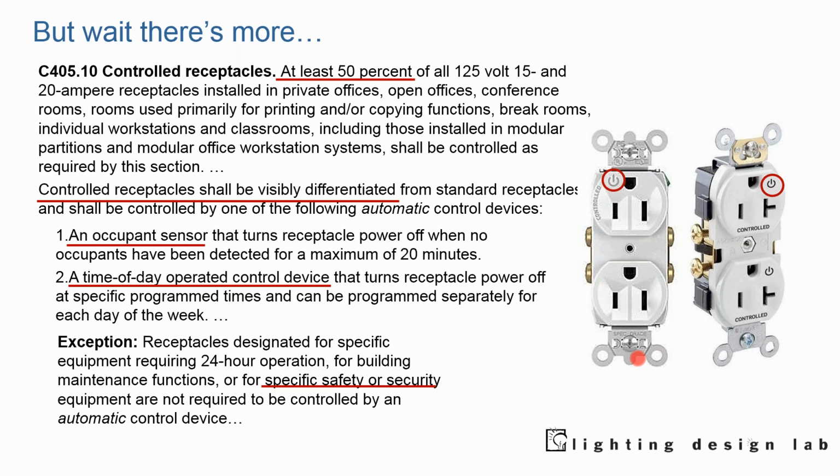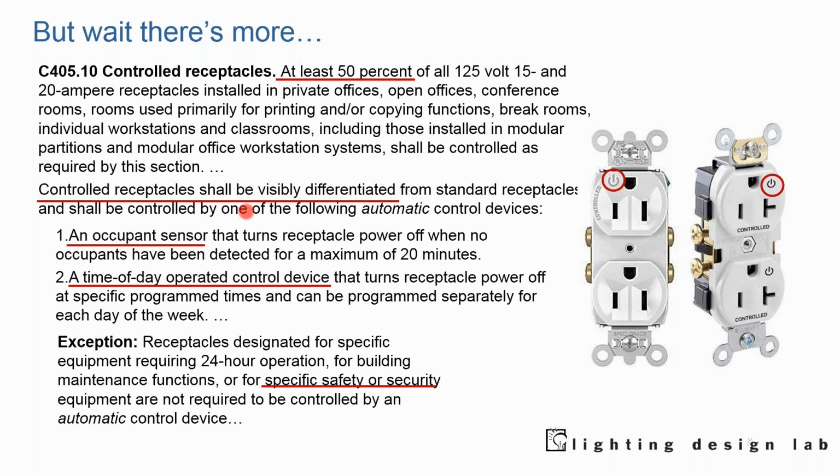But wait, there's more. We're talking about lighting, but we're also talking about switched and controlled receptacles. At least 50% of all receptacles need to be controlled. Receptacles should be visibly differentiated in some way. Sometimes they're just a whole different color.